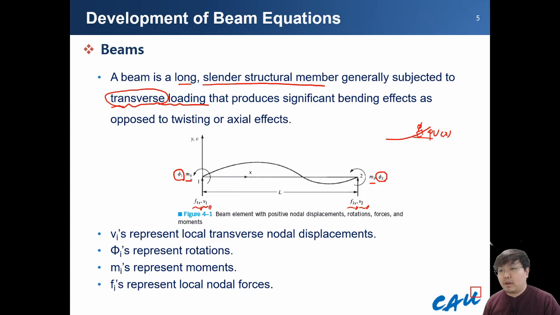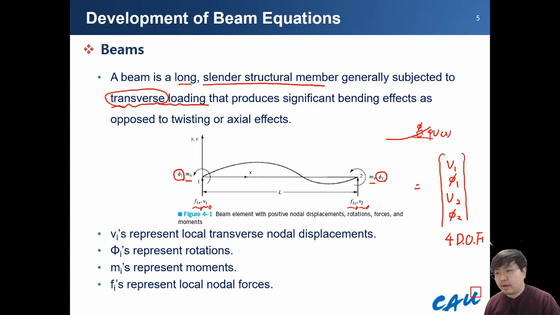So finally, each node has a displacement and a rotational movement, and the second node has them too. That means this beam element has 4 degrees of freedom.